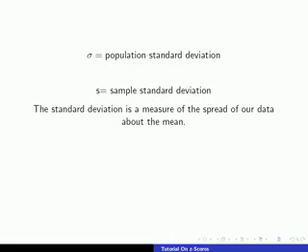So again, S is giving us an estimate of the true population standard deviation, as it will be difficult to survey everyone. So the standard deviation is measuring the spread of the data around the mean, and we find the standard deviation for our sample using S equals the sum from i equals 1 to n of xi minus x bar all squared, divided by n minus 1, and then we square root our answer.